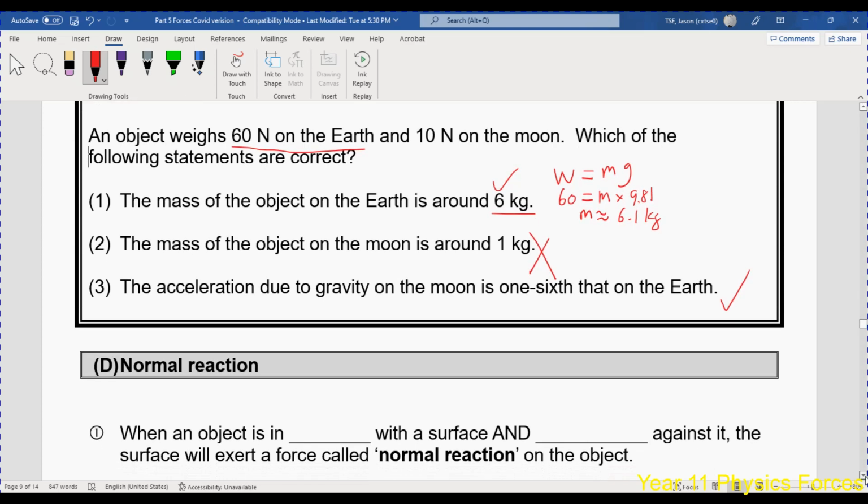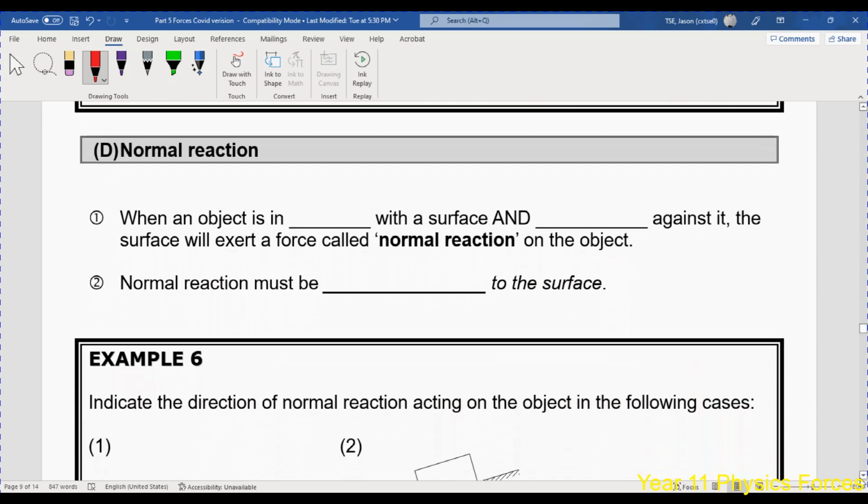Okay, then it comes to the last type of force, which is called normal reaction. So what do you mean by normal reaction? All right, I will just draw a picture for you.